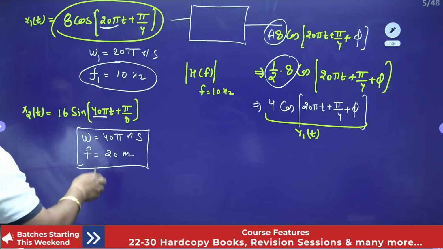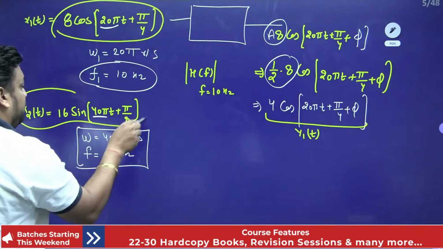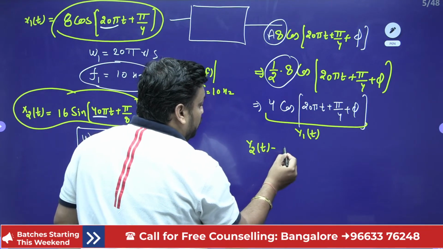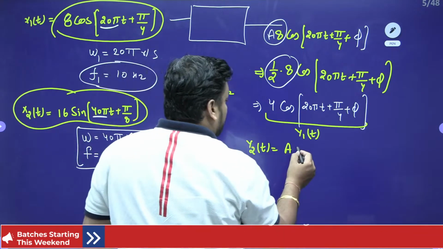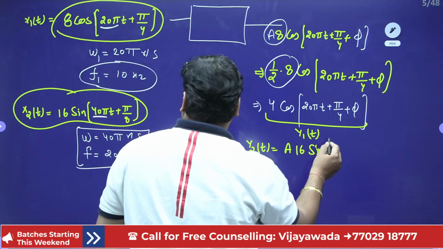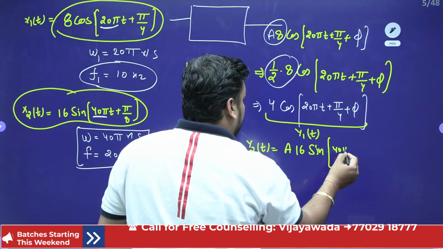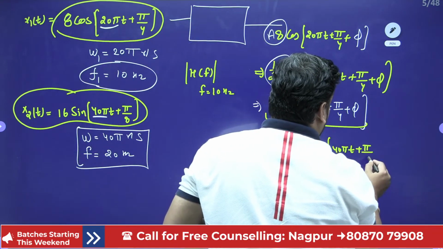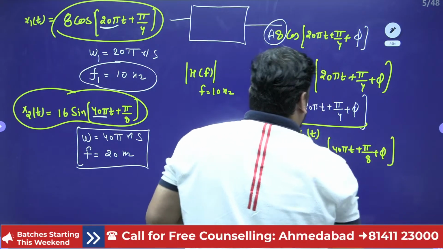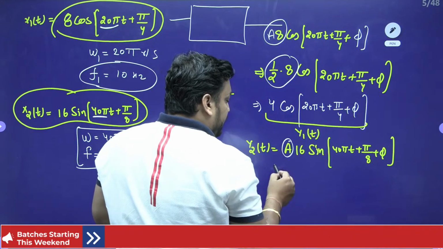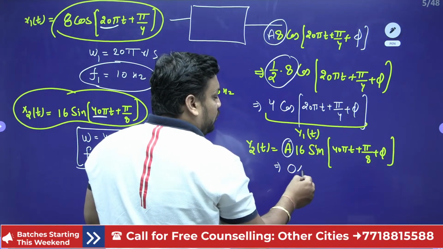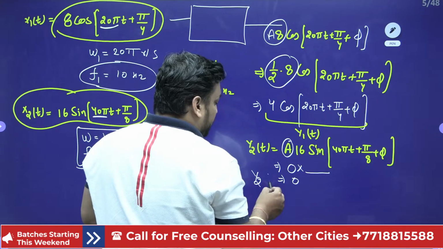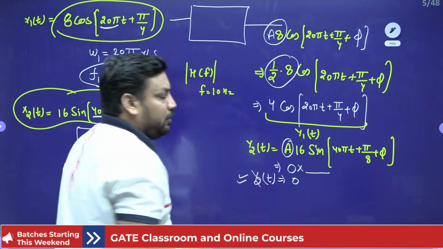Accordingly, y2t should be a into 16 into sine of 40 pi t plus pi by 8 plus 5. And do you know here a equals 0 actually? If this value is 0, then 0 into something is always 0. So the answer is nothing but 0. It means your y2t completely becomes 0 just because of amplitude 0.